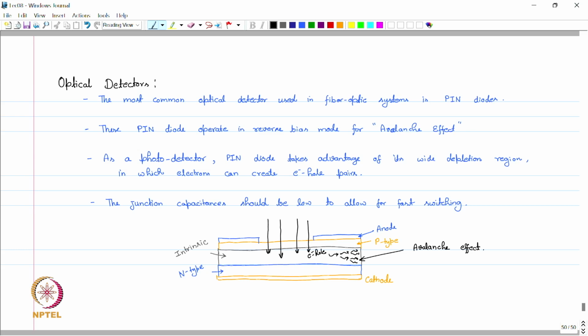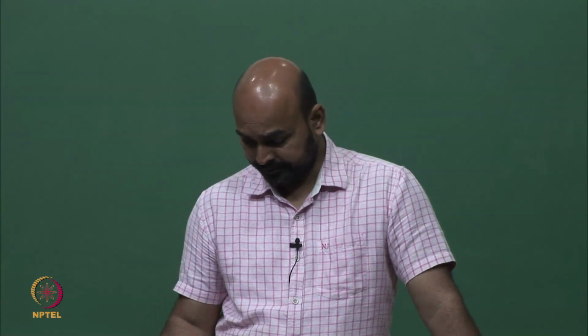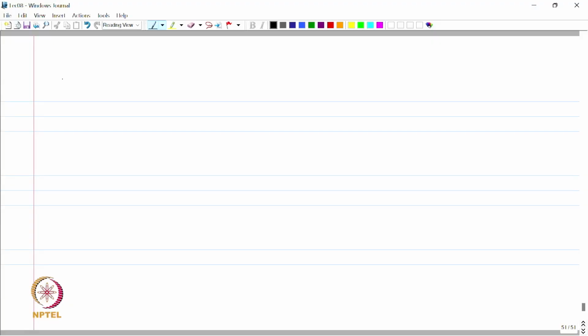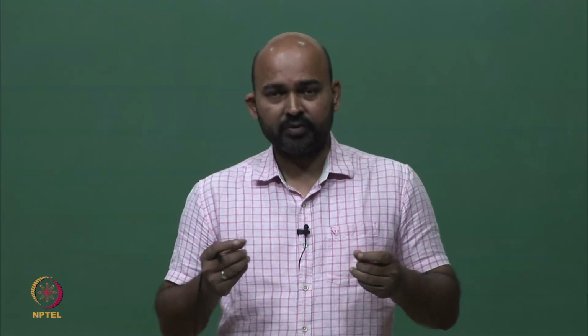The third element of optical sensors is the optical fiber. Optical fiber is nothing but a kind of waveguide for optical signals, for these lights.